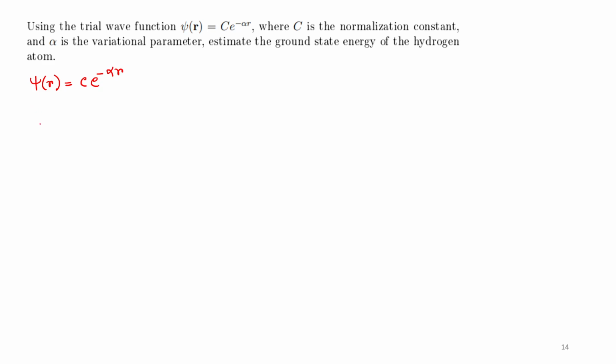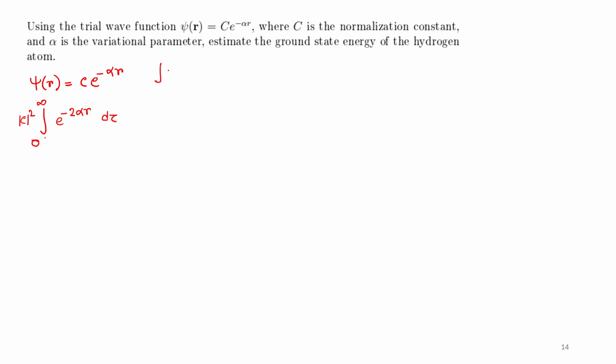So if you are going to use the normalization constant here, actually here you have multiple things. You are going to have 0 to infinity for the r dependent part, that is going to be your c square e to the power minus 2 alpha r, right? Actually, let me make it a little easy.